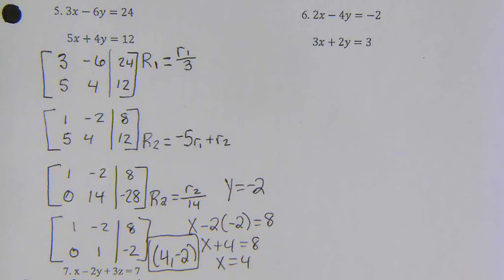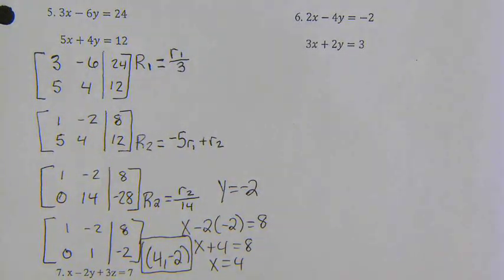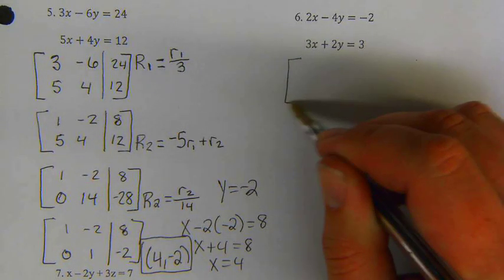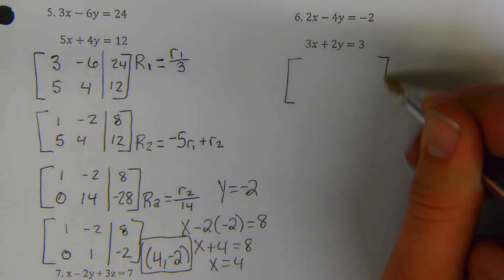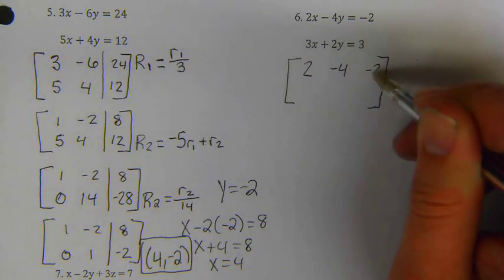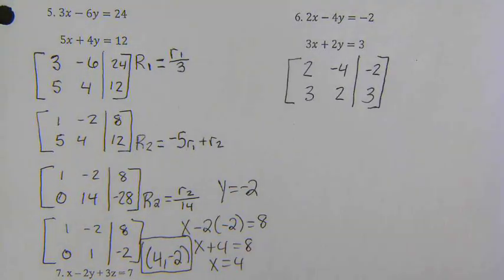All right, so that is called the matrix row operations method of solving a system. Again, make sure we've got this down. Do one more 2 by 2 where we copy 2, negative 4, negative 2, 3, 2, 3.